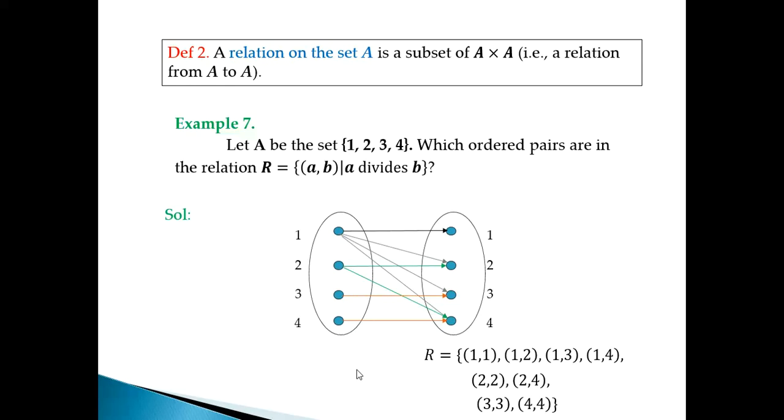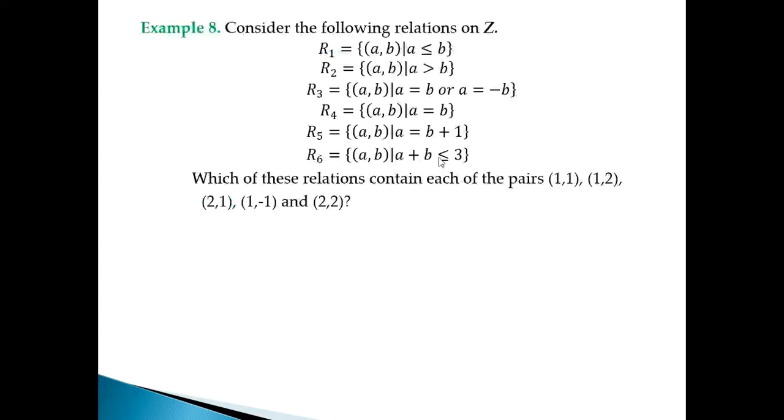Okay, so now come to the next. Here we take another example. Consider the relations on Z, where we are given six relations R1, R2, R3, R4, R5, R6, and each relation has a different property of the ordered pair elements.